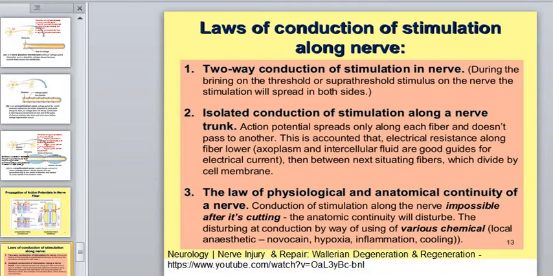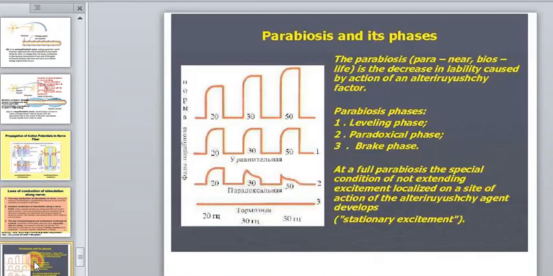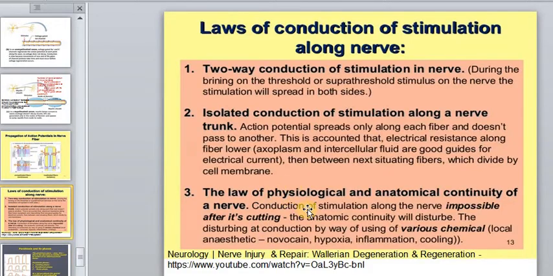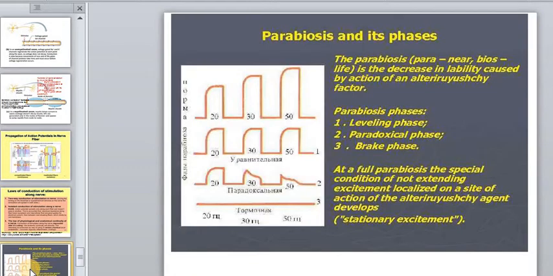The use of such drugs as novocaine introduced the nerve into a parabiotic state. The next slide is about the physiologically uninjured nerve fiber. What is this? If we just cut the nerve, this nerve can transmit the signal.